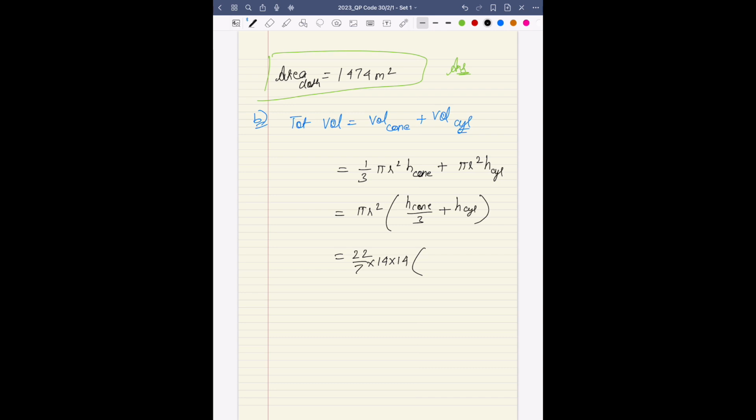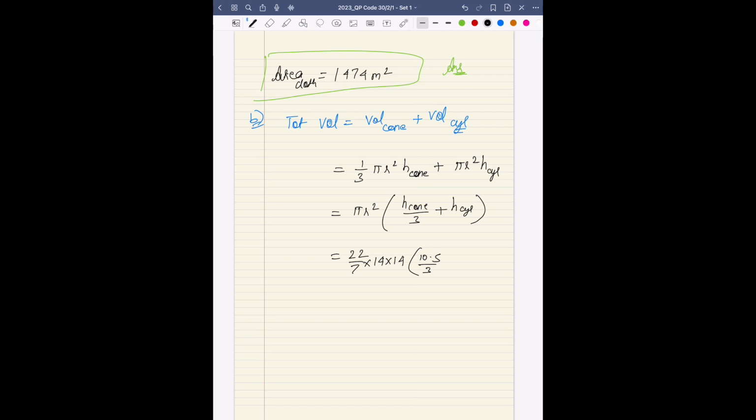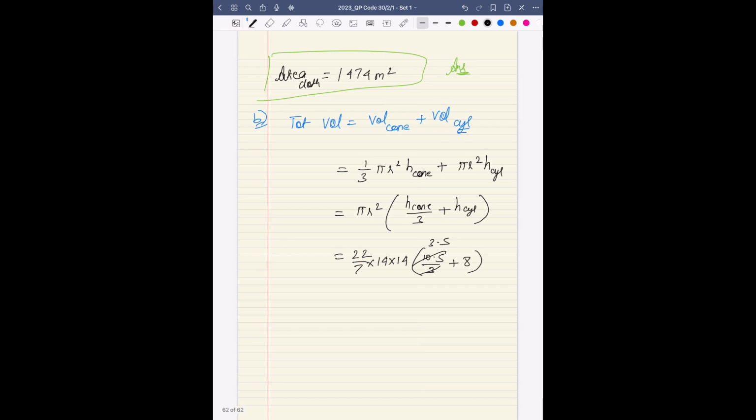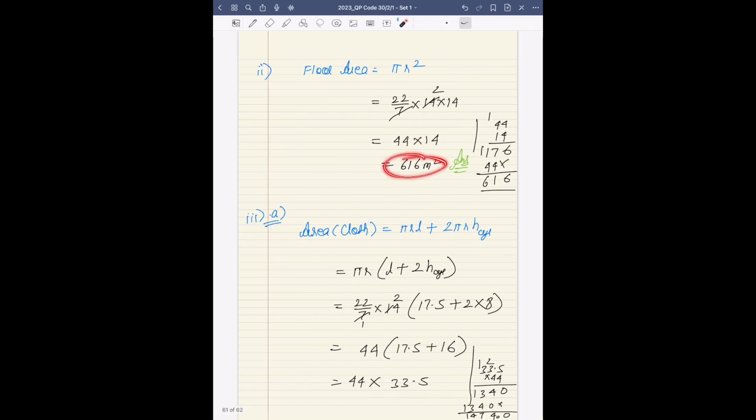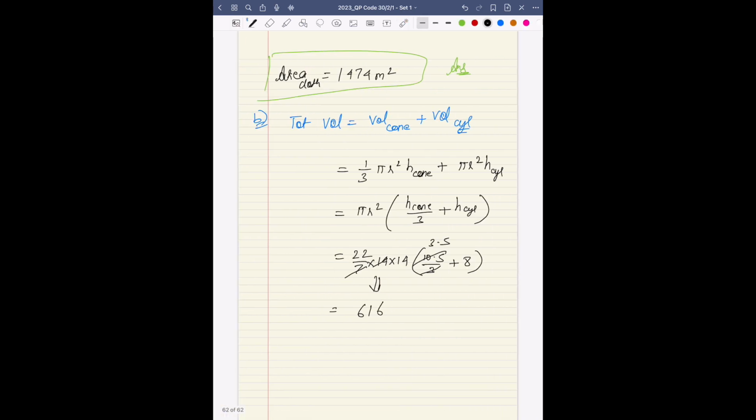Height of cone is how much? 10.5, divided by 3. Height of cylinder is how much? Height of cylinder is 8, plus 8. Cancel this. 3.5. 3.5 plus 8 is how much? 11.5. So you already know the value. Let's write it directly. It's nothing but 616, remember we calculated, into 11.5.